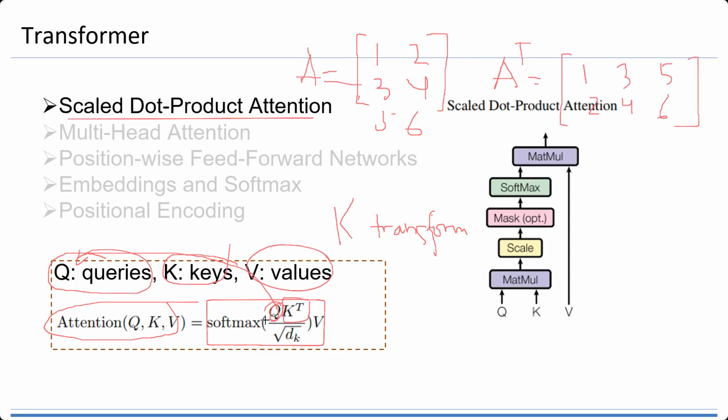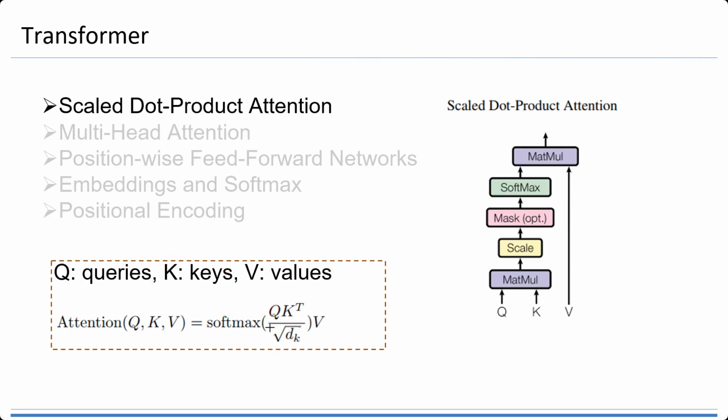We take Q and multiply it with K transpose. After the multiplication, we divide by the square root of dk, where d is the dimension of the word or sentence we want to pay attention to.